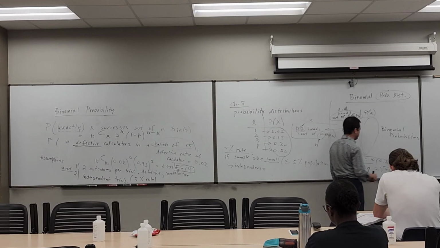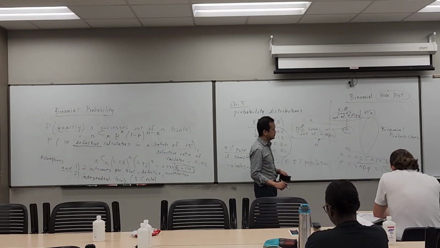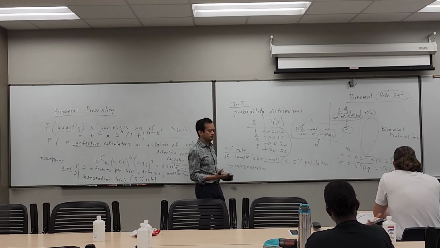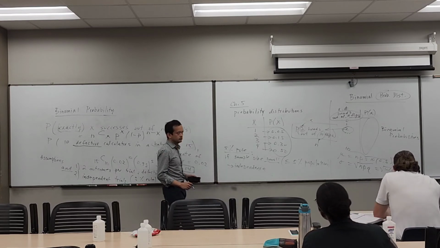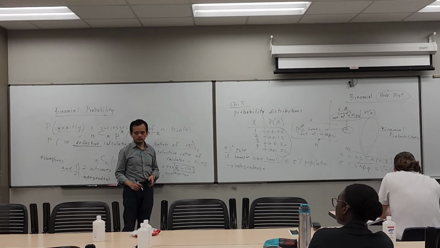So whatever that is, it's the square root of the quantity 10 times 0.5 times 0.5. 1.5811. Any questions? Are these two formulas specific to binomial probabilities for the mean and standard deviation?